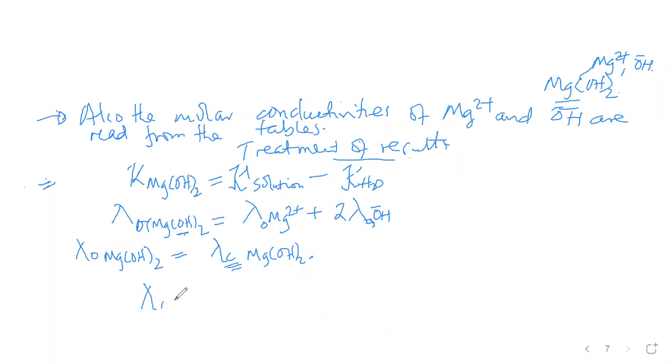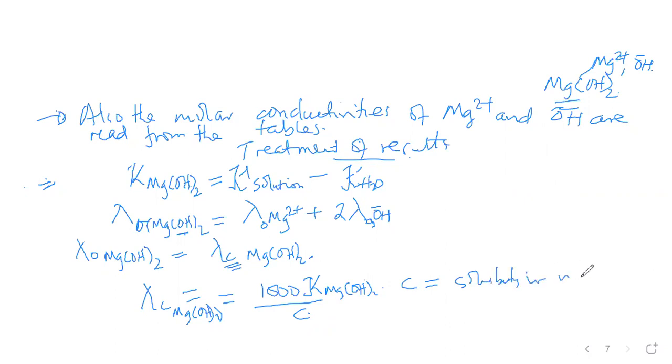But from mathematics, we know that molar conductivity at a given concentration of magnesium hydroxide is always equal to 1,000 times the electric conductivity of the compound we are looking at, which is magnesium hydroxide, over the concentration or solubility, C, in moles per liter.